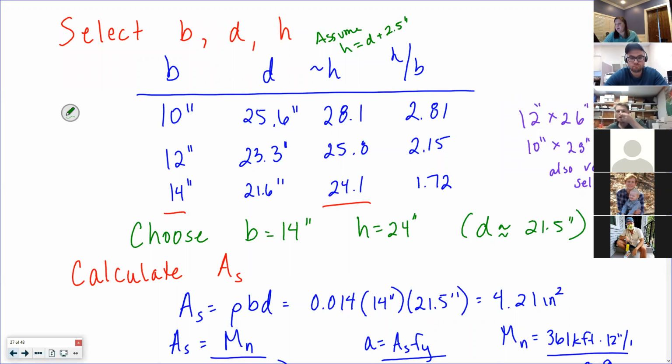If we were really having a tough time, maybe we would choose 14 inches and increase the height, if we were not tension controlled.